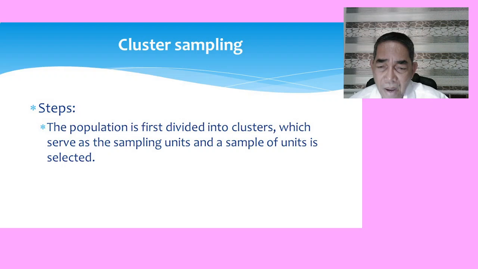So we divide the population into clusters, and each cluster represents a sampling unit. Now, this clustering is different from strata in the sense that the clustering is already there, an inherent division in the population. And we use cluster sampling if the population is homogeneous.